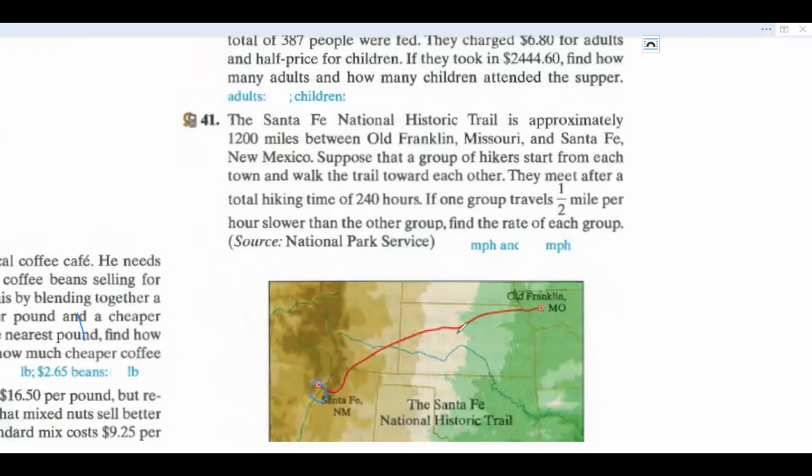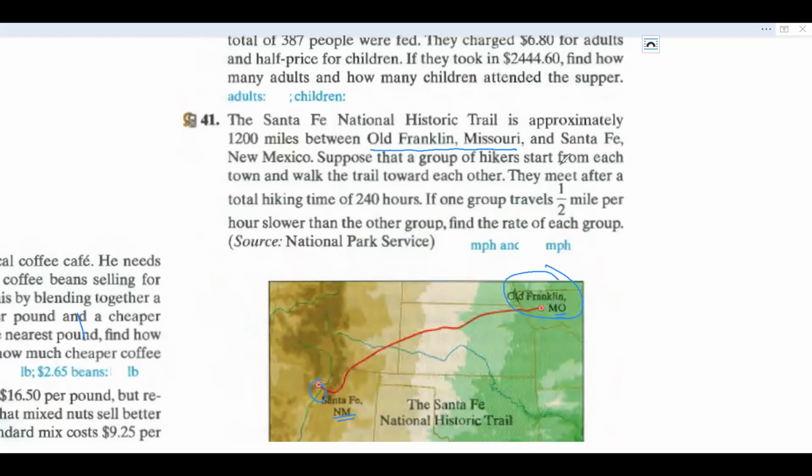Old Franklin is here, and Santa Fe is in New Mexico, right here. So the distance between these two is a trail.